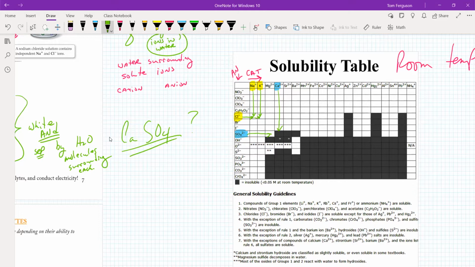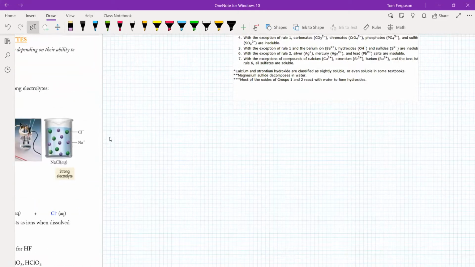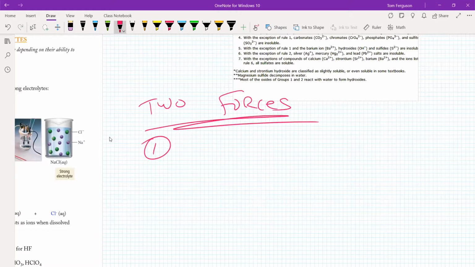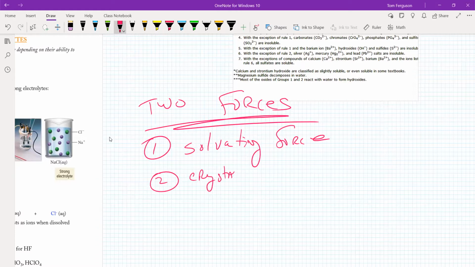Okay, there are two driving forces going on here, one stronger than the other. So what are those forces? One is called a solvating force, and the other is a crystal lattice force.